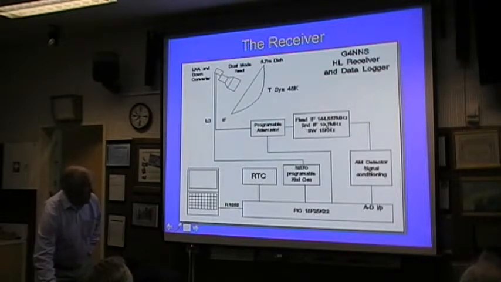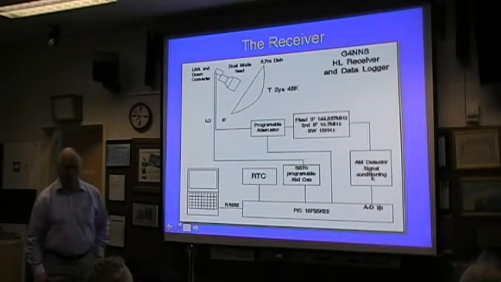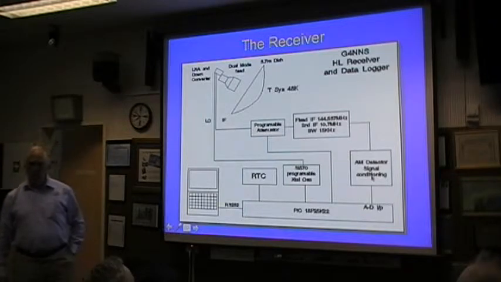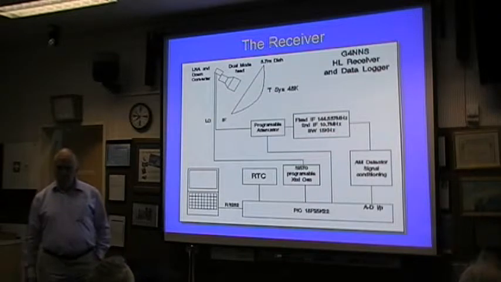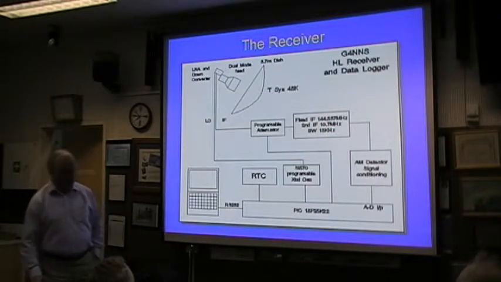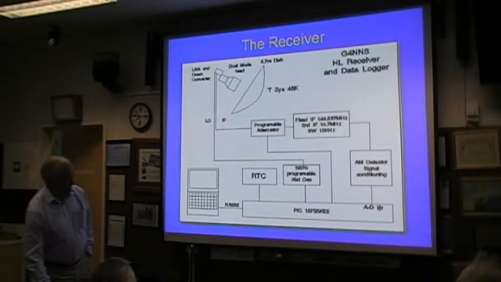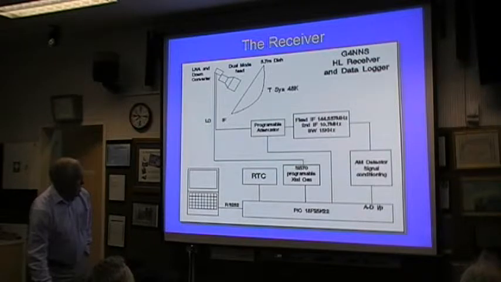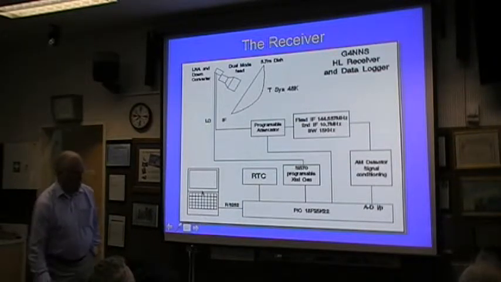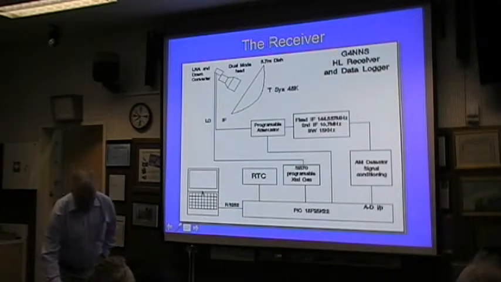Very simple IF with a homemade, it was actually an FM IF strip with the FM detector thrown away and an AM detector replacing it, and a few op amps and things to get to the level suitable for going into the A to D on a PIC. And this links to a PC over here, which will show you a bit more about what goes on in a moment.